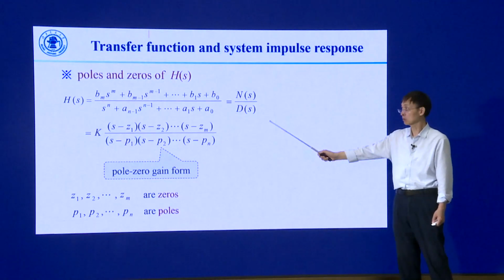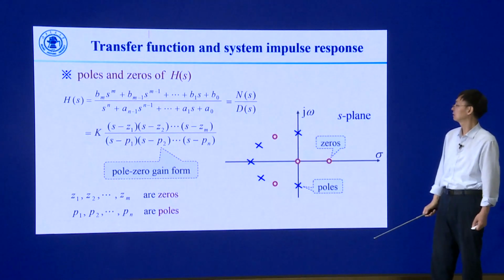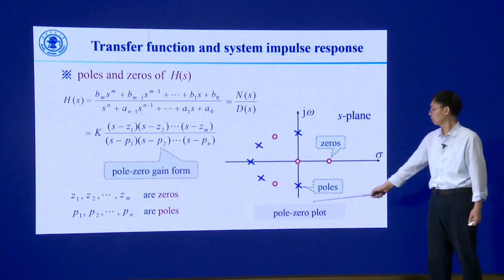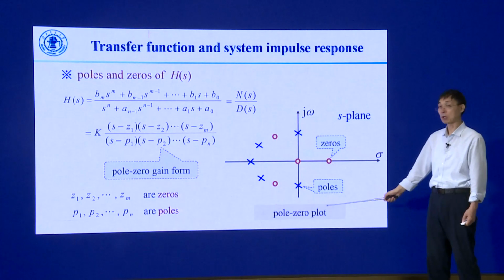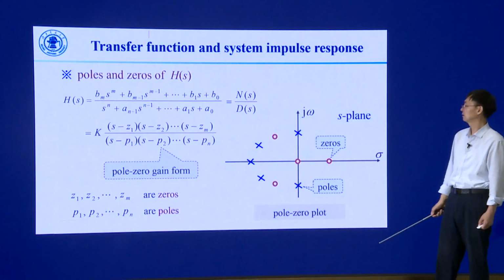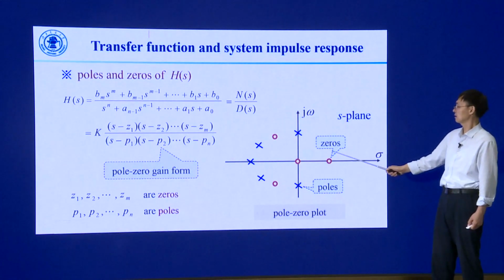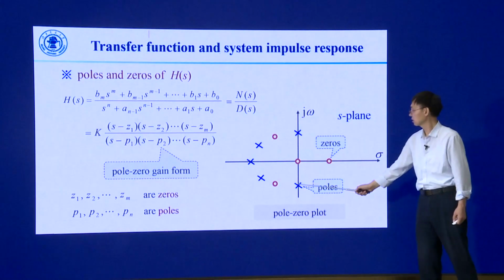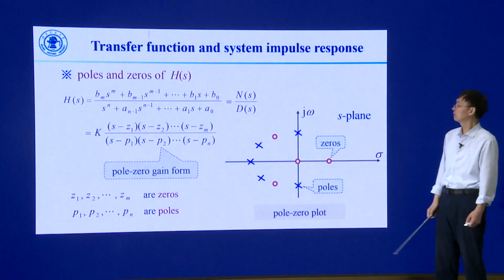K is a constant. We can depict it in this pole-zero plot. The circle is the zero, and the cross is a pole.